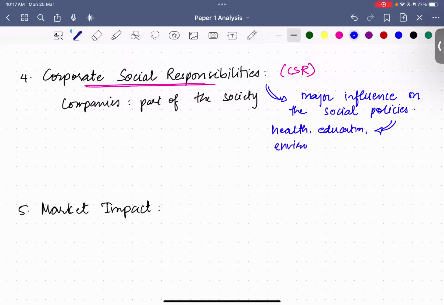Okay, like tax incentives, infrastructure development. Okay, so now you understand what kind of role the private sector plays in influencing the contemporary economic and social policies.